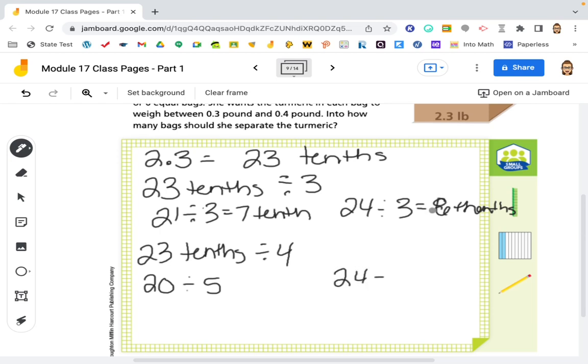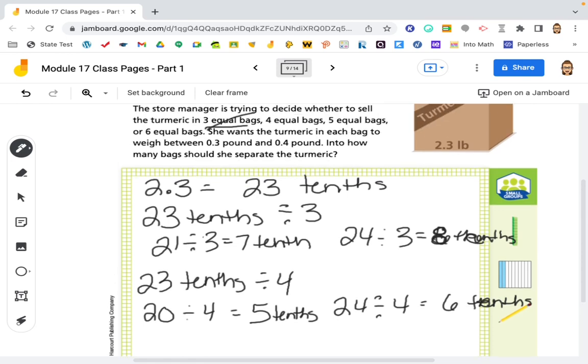So 20 divided by 4 is 5/10 and 24 divided by 4 equals 6/10. So 4 also does not work.